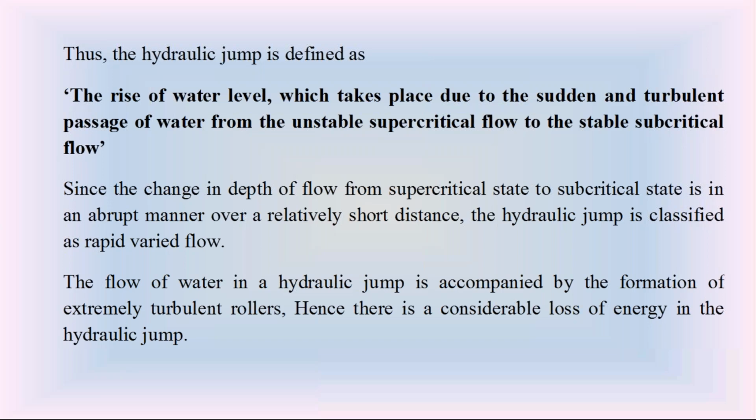So when the water flows suddenly and turbulently from the unstable supercritical condition to stable subcritical condition, in the subcritical condition velocity is lesser. So in the subcritical condition, the water flow is almost laminar. In the supercritical condition, the velocity is higher, so the water flow in supercritical condition is turbulent.